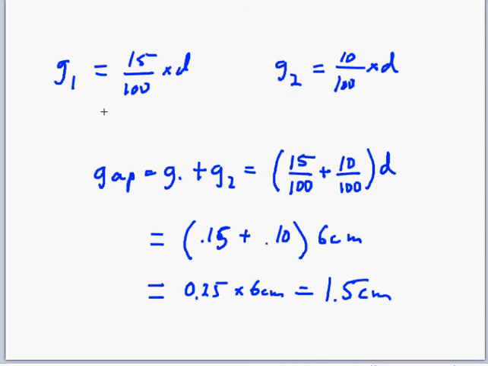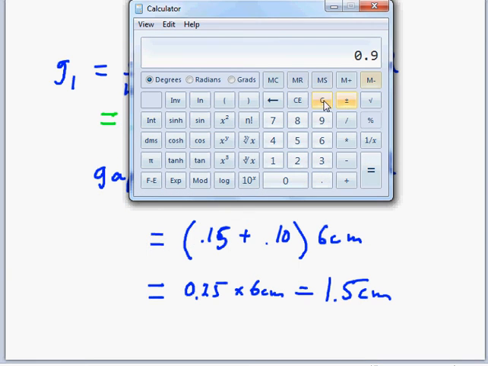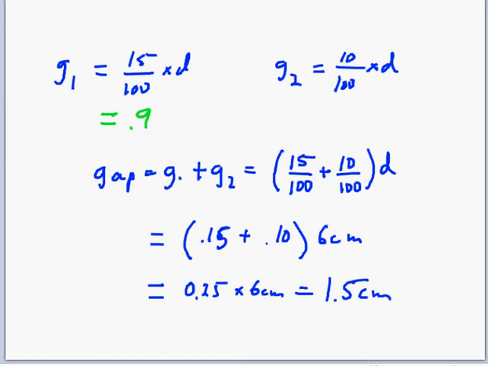So this G1 is equal to 0.9. And G2 is 10 divided by 100 times 6 equals 0.6. So G2 is equal to 0.6, and then 0.6 plus 0.9 is 1.5 centimeters.